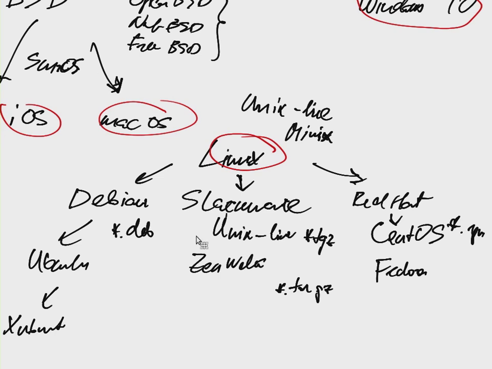There are other differences, but the biggest difference is package management, how you download and install software from the internet. For Slackware it is just archives and you deal with dependencies yourself. For Debian it's Debian packages, and for Red Hat it's RPM.